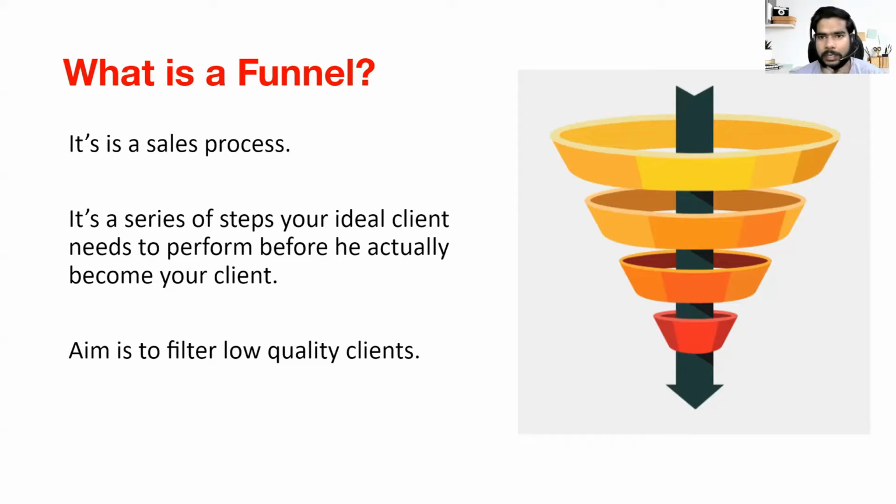For example, if you are running an ad, lots of people will see your ad on the top. Basically the top of the funnel, lots of people are seeing your ad, and then slowly they will come down. Let's say my ad reached 1 lakh people. Out of those 1 lakh people, let's say 20,000 people visited my landing page. Out of those 20,000 people, let's say 2,000 people enrolled in my workshop.